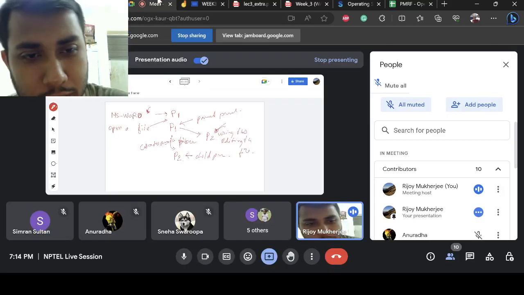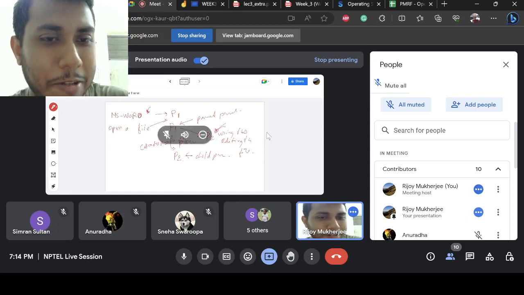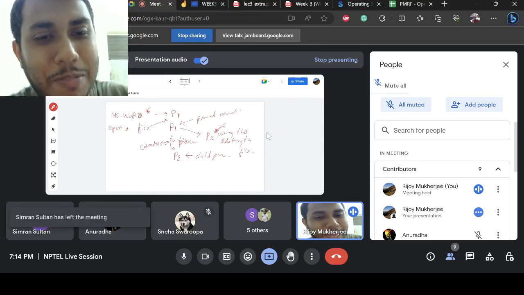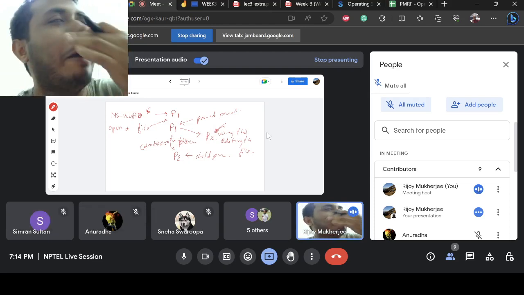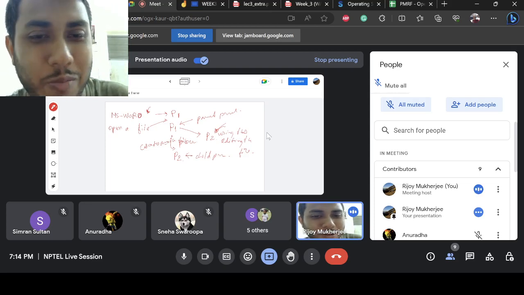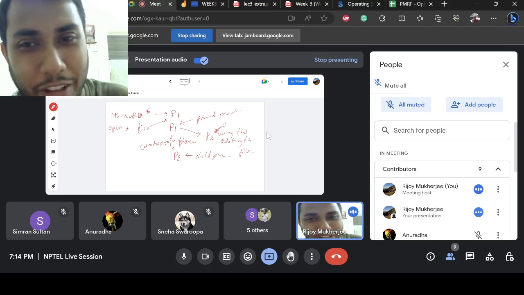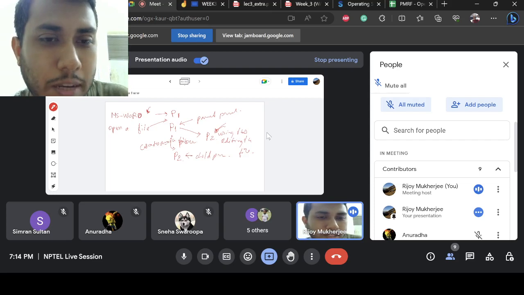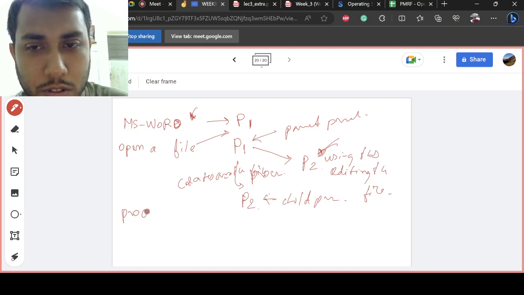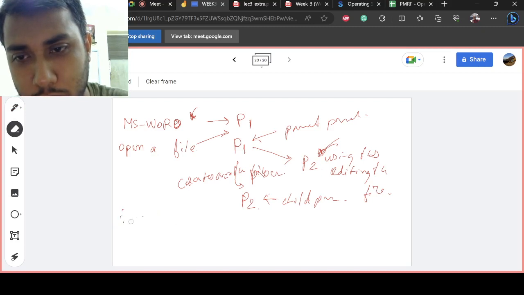This is a very simplistic example. I don't think Windows Word works like this, but Google Chrome works like this. When multiple tabs are open, if you go beyond and check, you will see multiple processes are created accordingly. But this is a very simplistic example of child and parent processes.